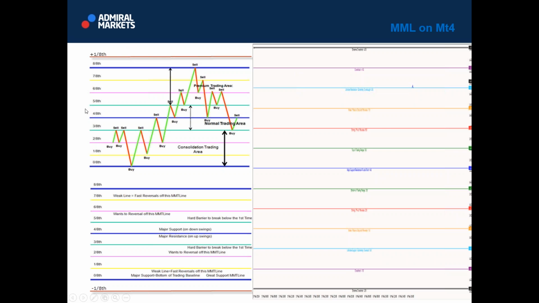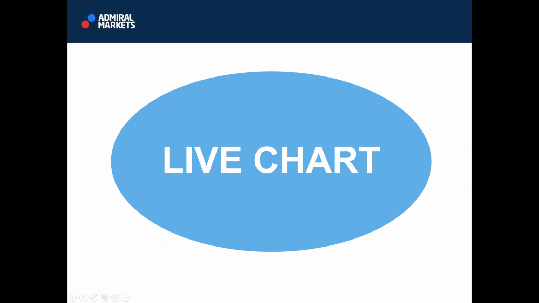This could be good for you to actually see how Murrey Math works on real-time charts. So this is good to have as a snapshot because usually these patterns will be followed. Now it's time for a live chart to see how Murrey Math looks on the live chart.